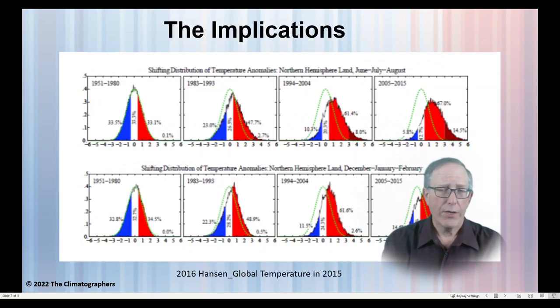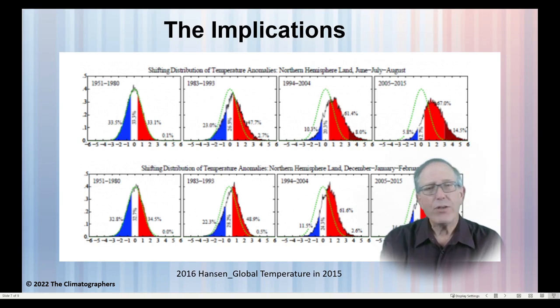It's also not a new idea. Climate scientist James Hansen for many years has been doing something very similar, in this case, tracking in the top row, tracking the shifting distribution of temperature anomalies in the Northern Hemisphere, in this case, basically for the June, July, August period.